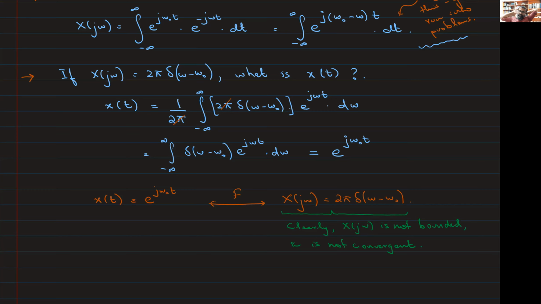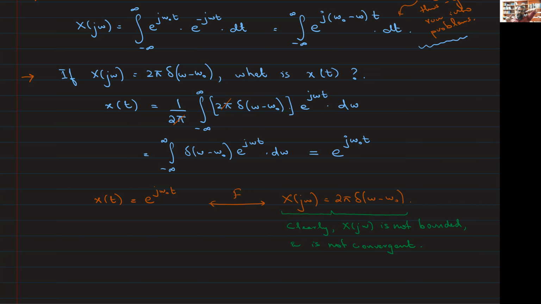However, and this plays nicely into the result that I mentioned a while ago, the signal has to be absolutely integrable for the Fourier transform to converge. And we clearly found out that the signal is not absolutely integrable, and of course the Fourier transform turns out to be non-convergent as well.